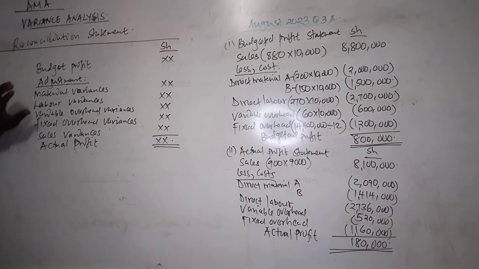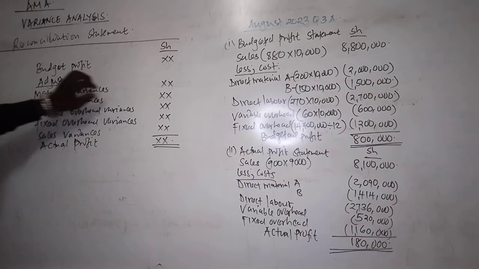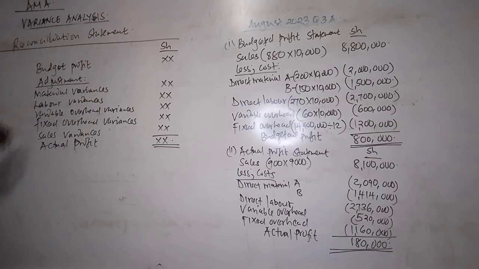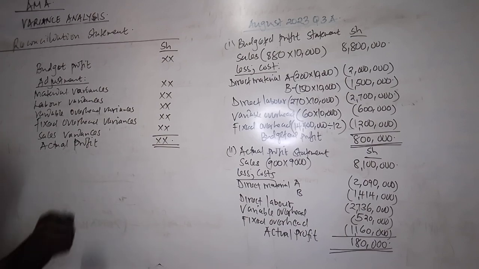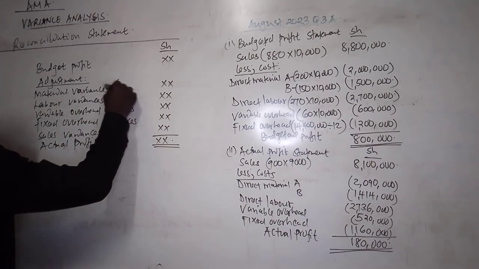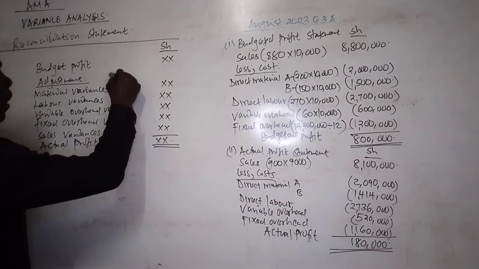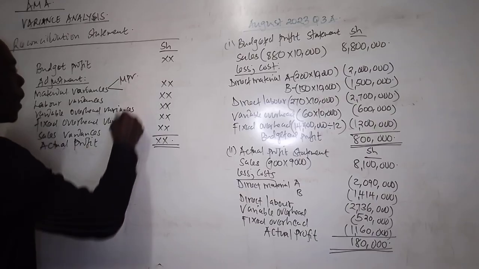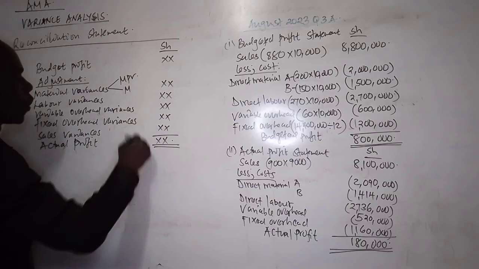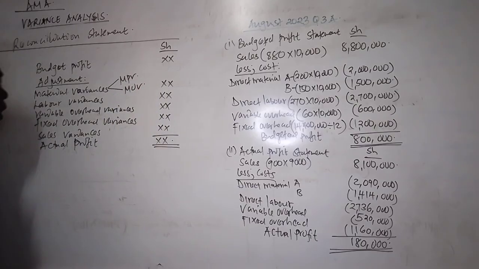This reconciliation statement is going to have the budgeted profit, and this budgeted profit will be adjusted with the material variances: the material price variance and the material usage variance.